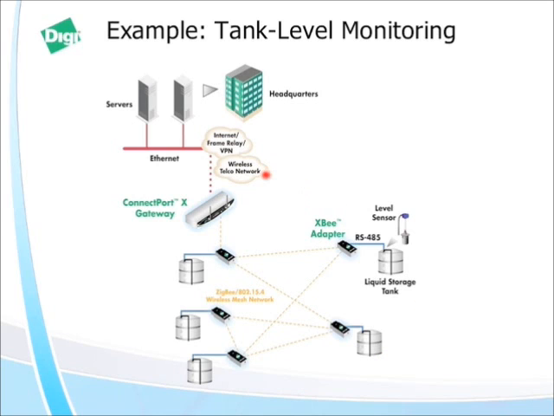And let's say that people are interested in monitoring these things so they can more intelligently decide when they want to send out the delivery truck to go out and fill them up. Well, we have an XBee adapter product from Digi that embeds one of our XBee radios and can interface to an off-the-shelf tank-level sensor.